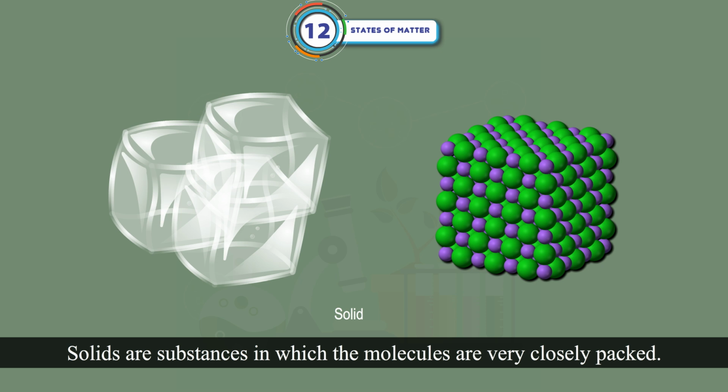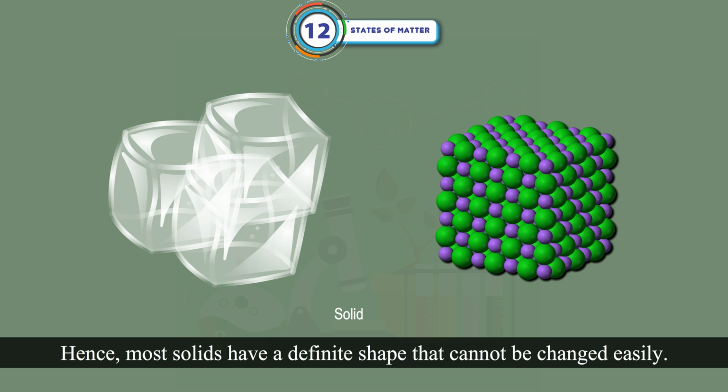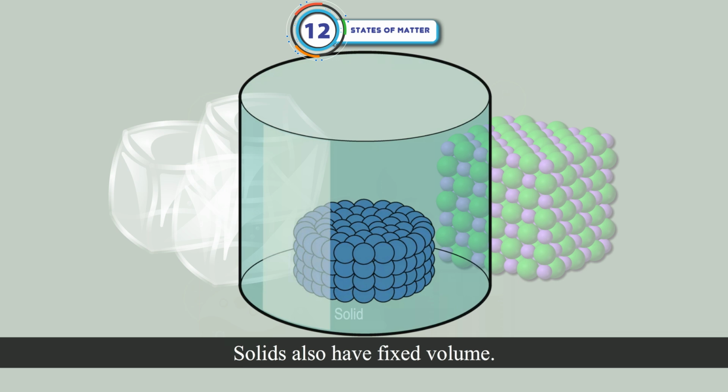Solids are substances in which the molecules are very closely packed. There is very little space left between them. Hence, most solids have a definite shape that cannot be changed easily. Solids also have fixed volume. They do not flow, and we can easily hold them.